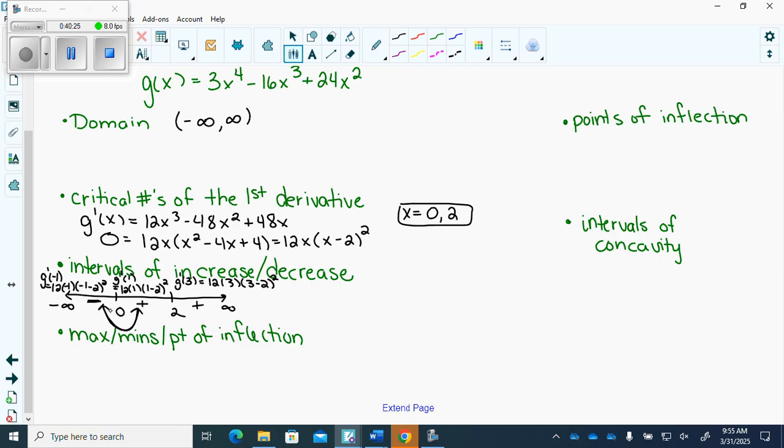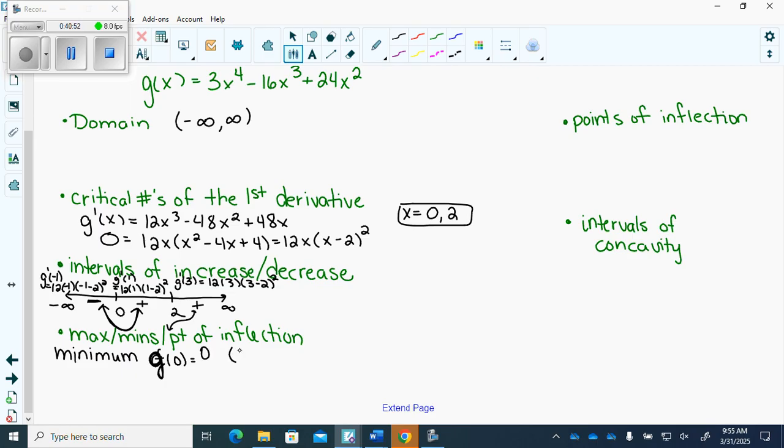So what's happening at 0? Minimum. And this one I'm increasing to increasing. So what's happening at 2? So we have a minimum at 0, and then we plug it in. That's not F. G of 0 is 0 because you plug it in and get 0.